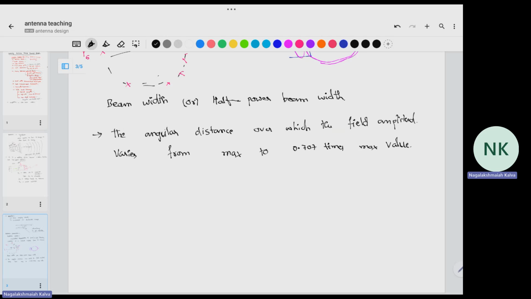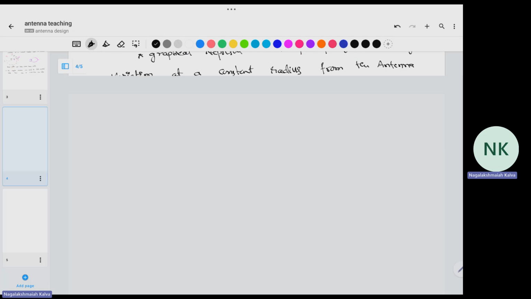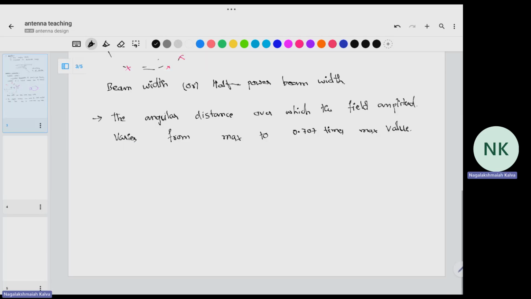Meaning to say, if you are plotting electric field intensity, say suppose I'm plotting it in this fashion.